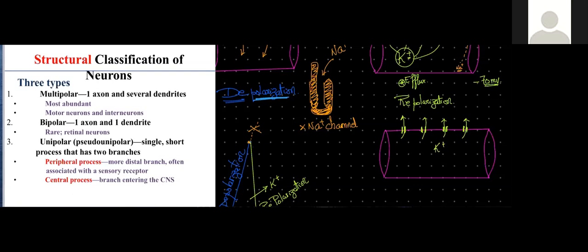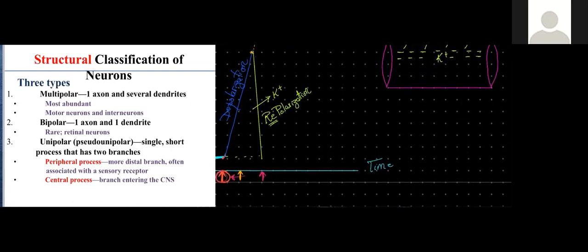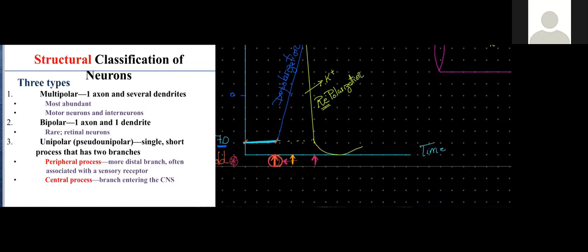So what's going to happen to the cell membrane polarity? Inside will even become more negatively charged than the resting membrane potential, as you kept losing potassium to the outside. You see on here, you kept losing more potassium even after you reached the resting membrane potential, and the membrane will become even more negatively charged than the resting state.